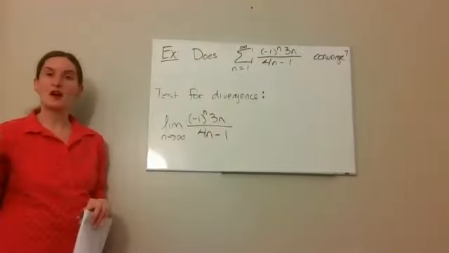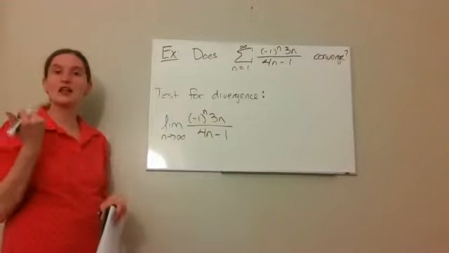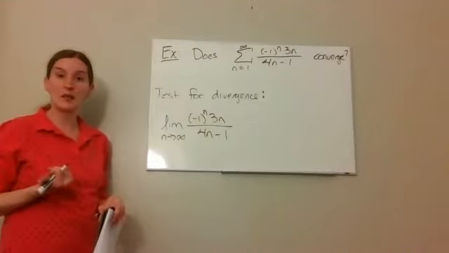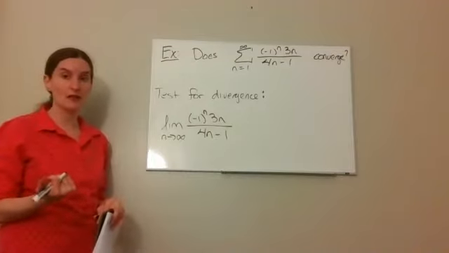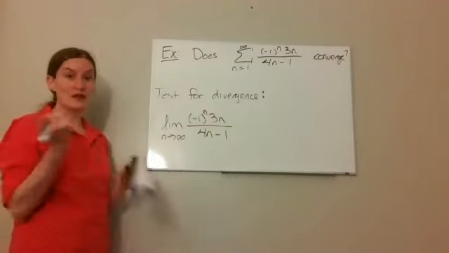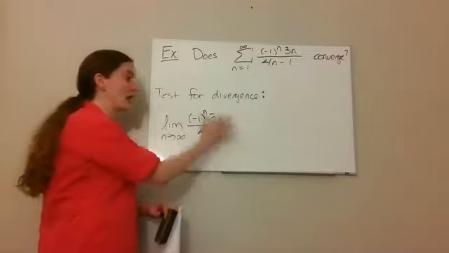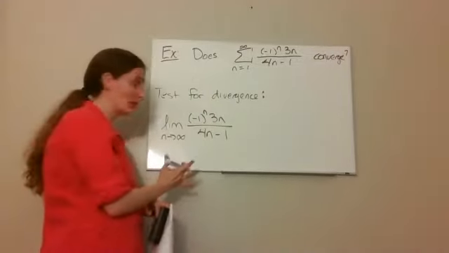So notice with the alternating series test, I did not include the -1 to the n power when taking the limit. That was due to the statements of the alternating series test. But for the test for divergence, I have to include everything in my sum when I take the limit.